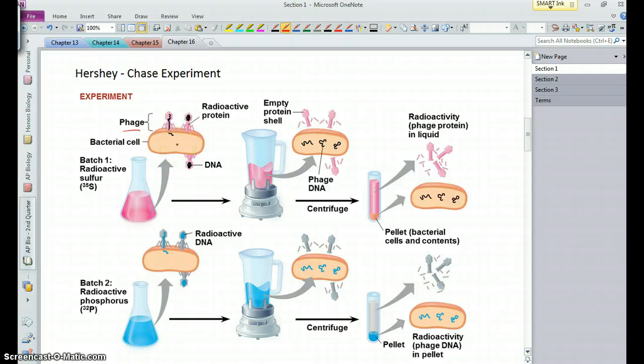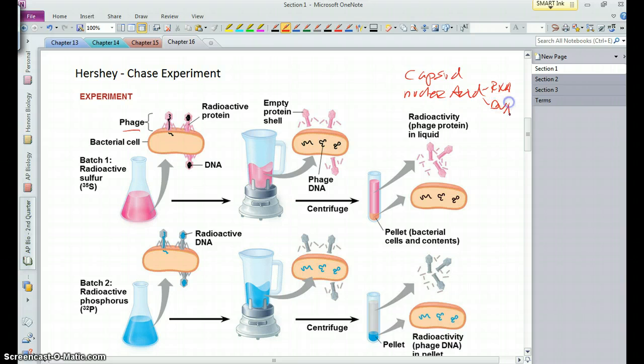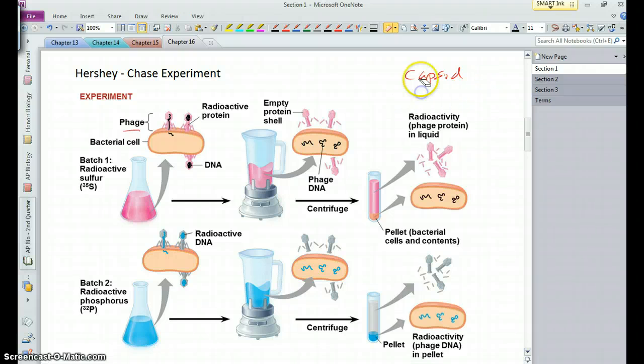Phages, like all viruses, consist of an outer covering called the capsid, which is made of protein, and then they have a nucleic acid on the inside, and some are RNA viruses and some are DNA viruses. So they were curious, what is it in the viruses that allow them to take over the bacteria, that allow them to take over the host cell?